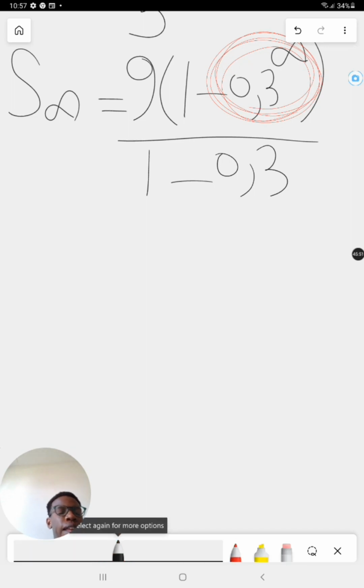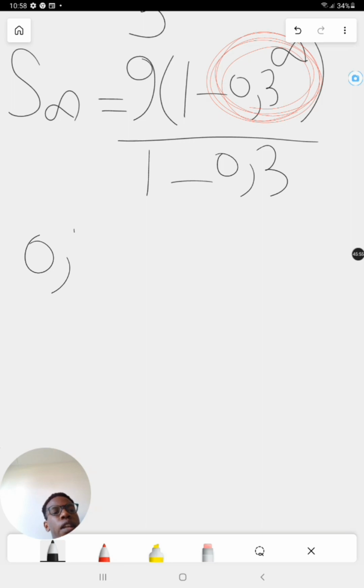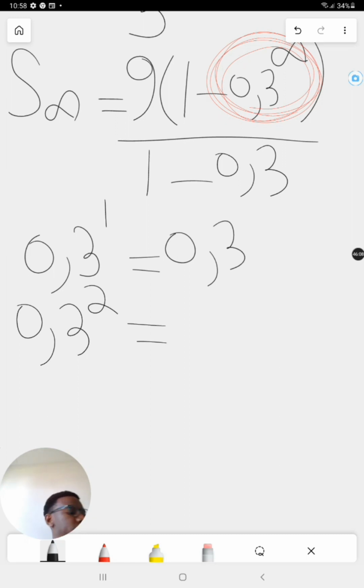Well, let's test different values. Let's say we had 0.3 to the power of 1. 0.3 to the power of 1 is 0.3. Okay, cool. What is 0.3 to the power of 2? If you punch it into your calculator, you will see that the answer you get is 0.09.